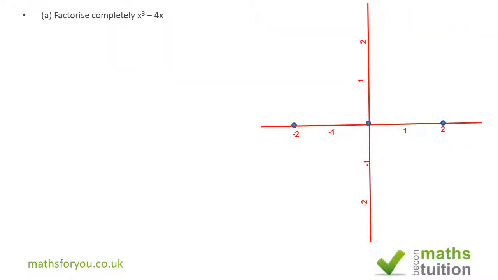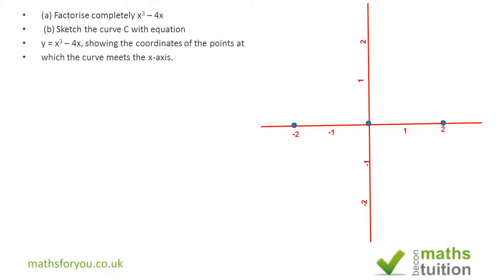As before, this is what we've got from the previous slide, and we shall try to factorize it and then sketch the curve C, which is y equals x cubed minus 4x. Looking at this expression, x cubed minus 4x, both terms have x in common.